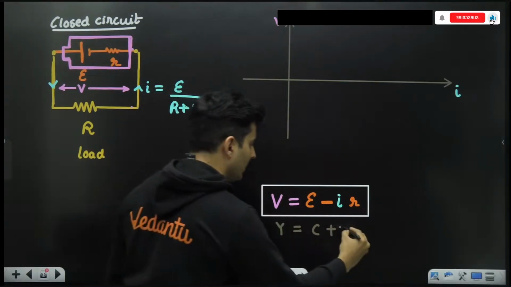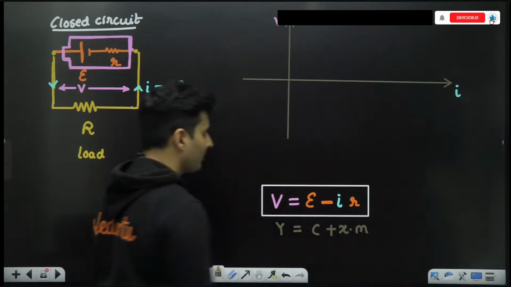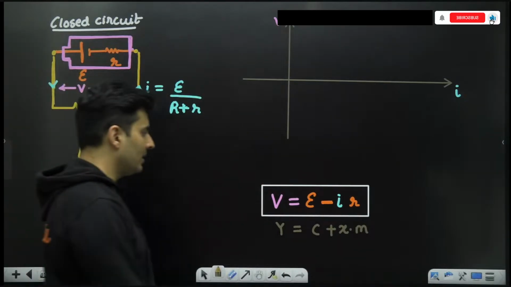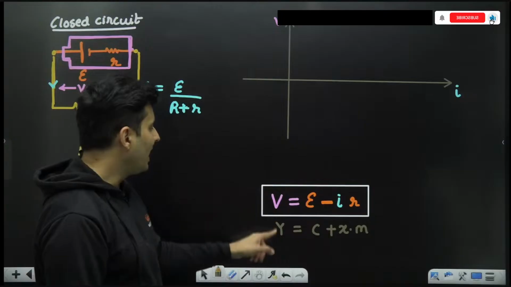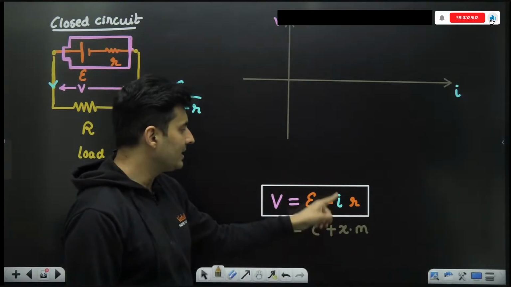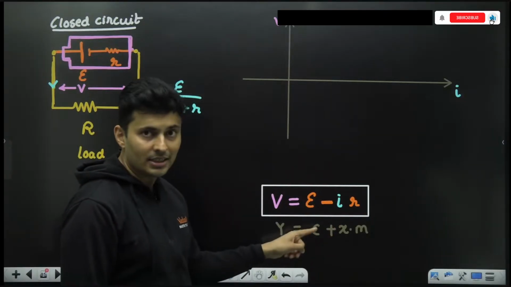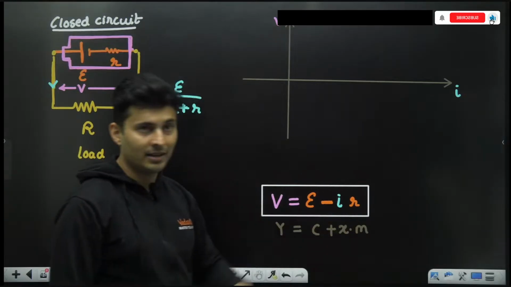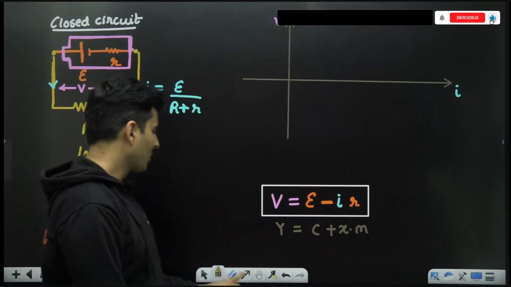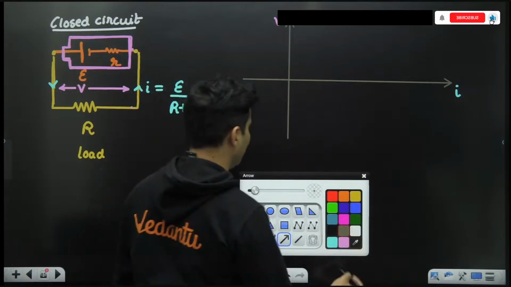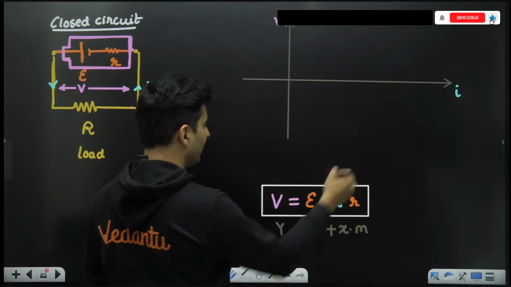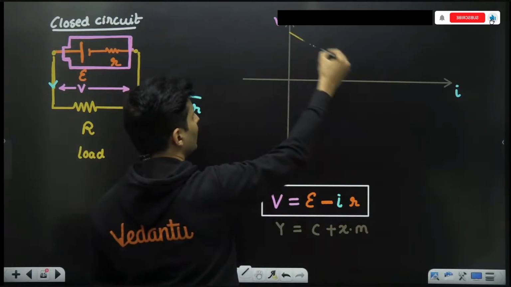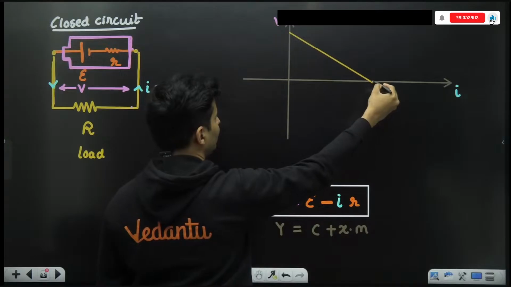Immediately you will be able to understand what is happening over here. Y is like voltage, current is like x, constant is like EMF, and minus r is like the slope, the m. So it will definitely be a straight line with a negative slope, something going like this over here.